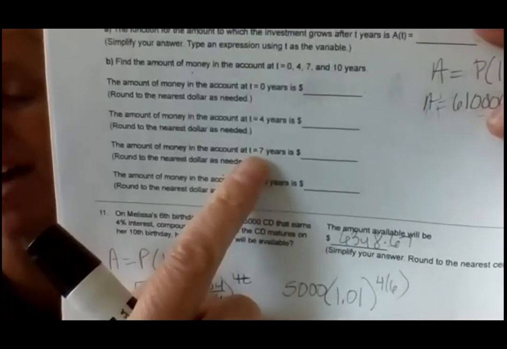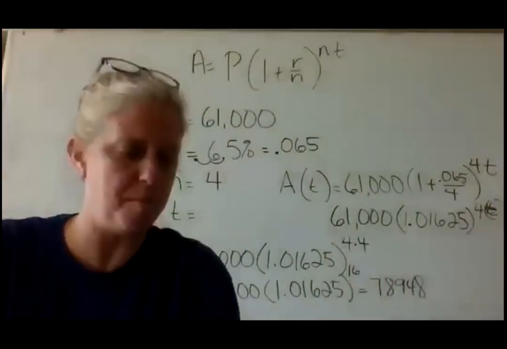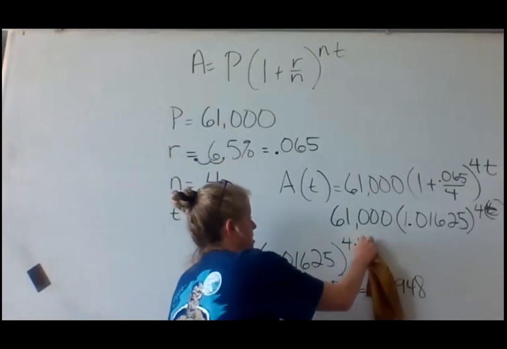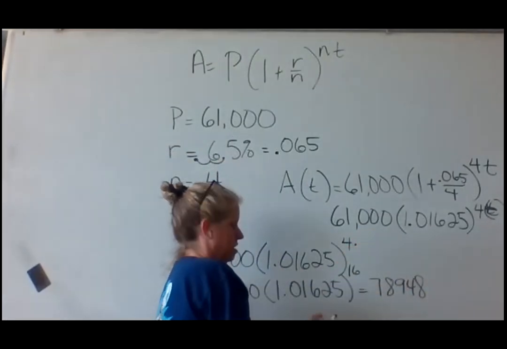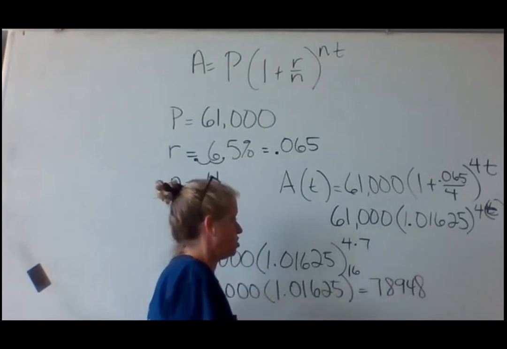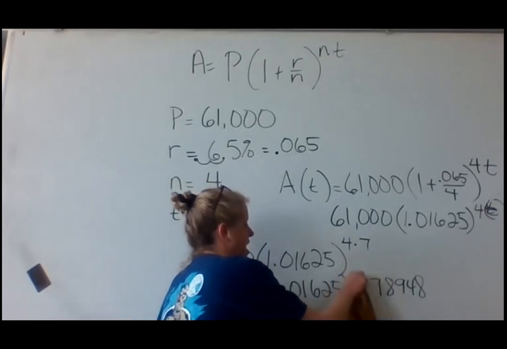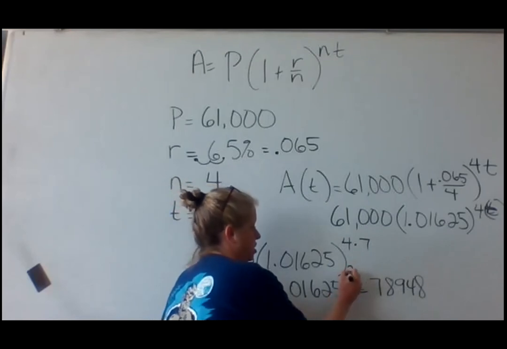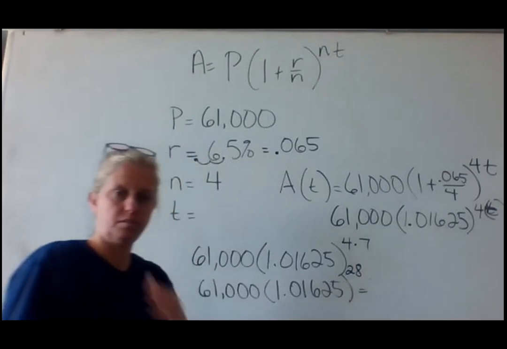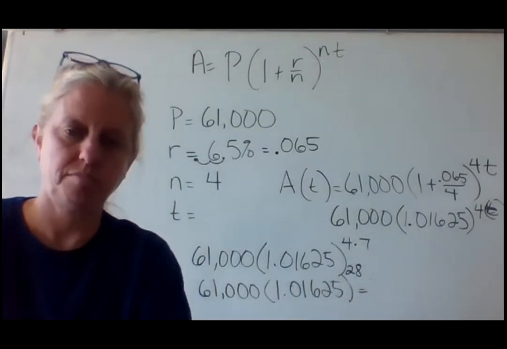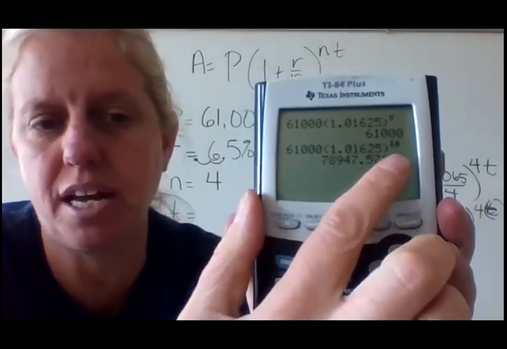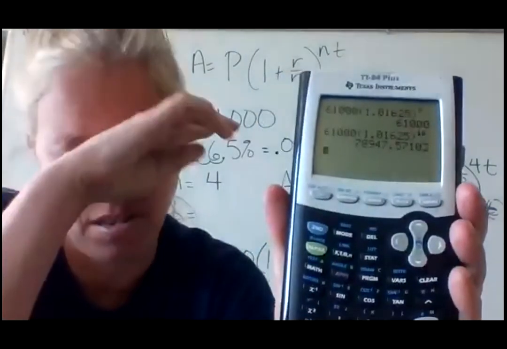And it wants to know after 7 years. So again, from problem to problem, the only thing that's changing is the number in the t spot. So now it's after 7 years, which is just going to make my exponent 4 times 7, which is 28. So again, nothing changes except the exponent is now going to be 28.